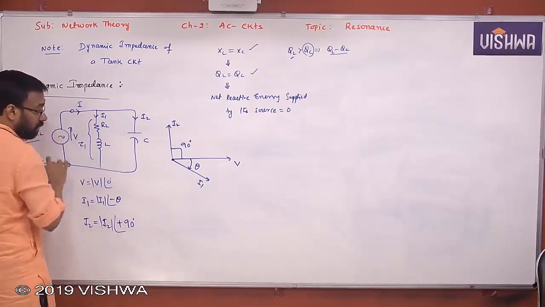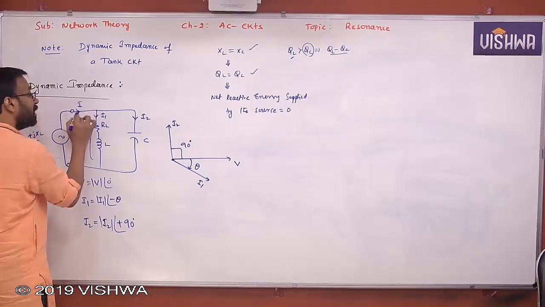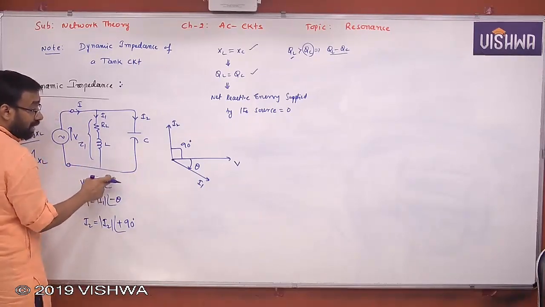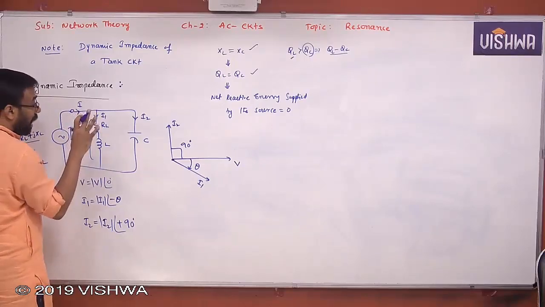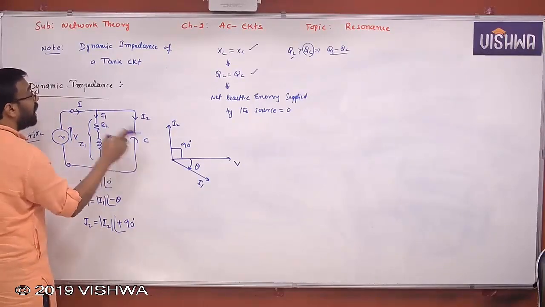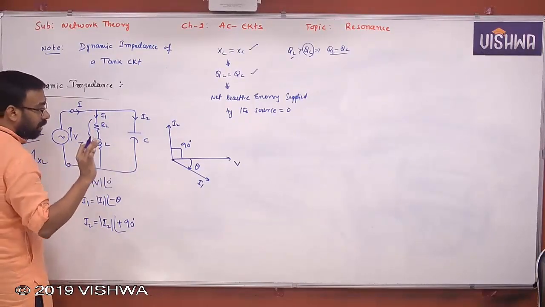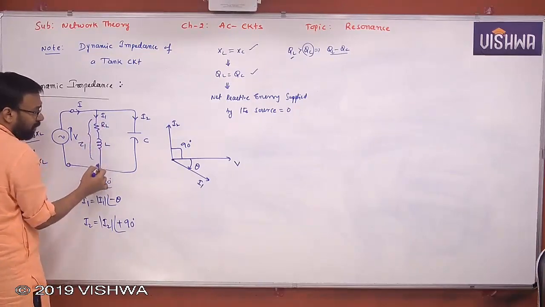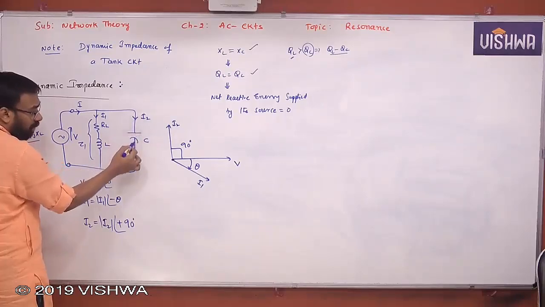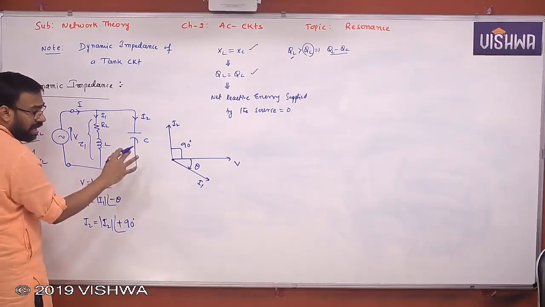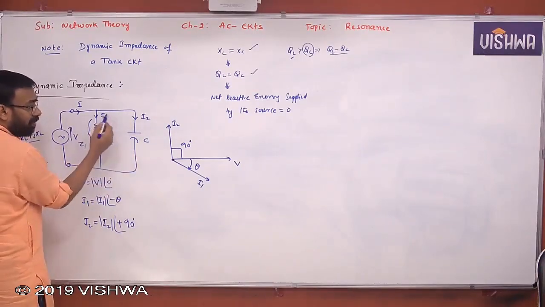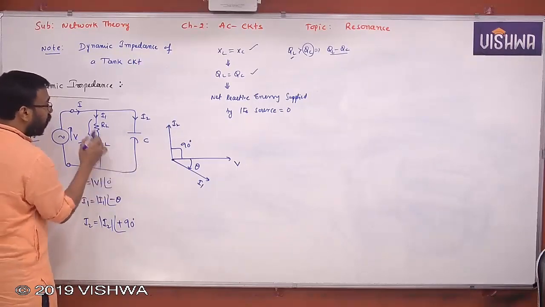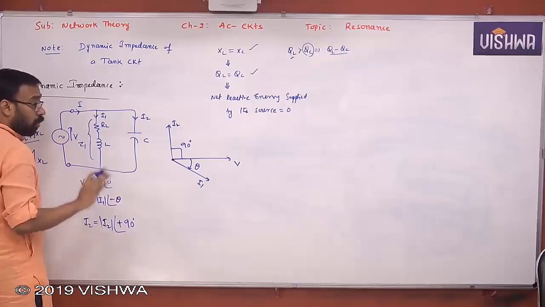It is possible only when I has a real component and no imaginary component, because the voltage already makes angle 0. Suppose the imaginary part of I1 and the imaginary part of I2 both get cancelled, because I is equal to I1 plus I2. Then definitely I will have only the real part. Yes or no?